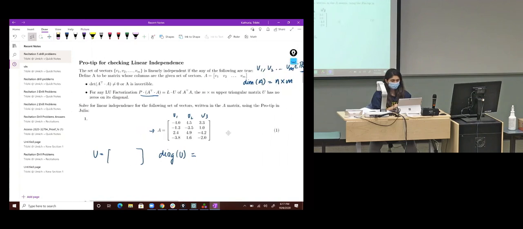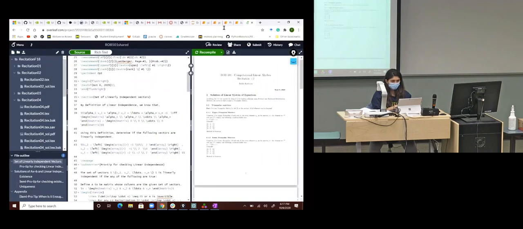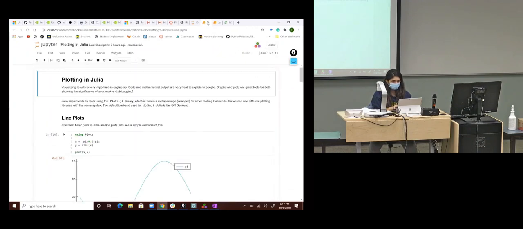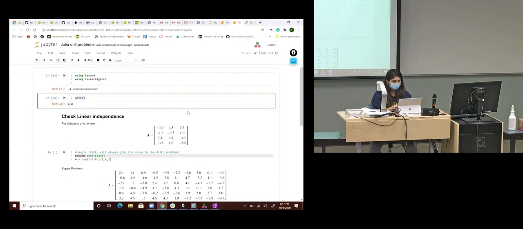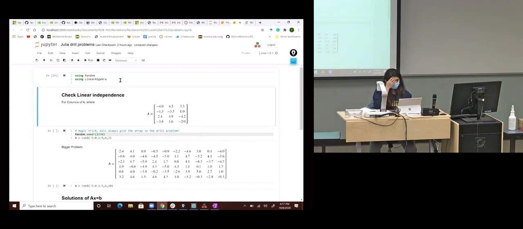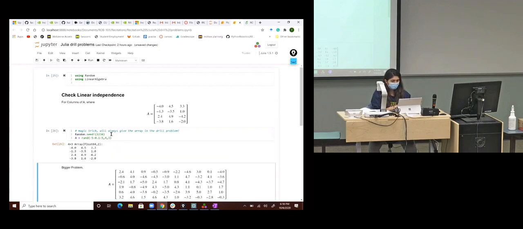So I have this matrix typed out in Julia for us, right here. I'm going to be using Random and LinearAlgebra. This is like a magic trick: it sets a seed in your random variables.